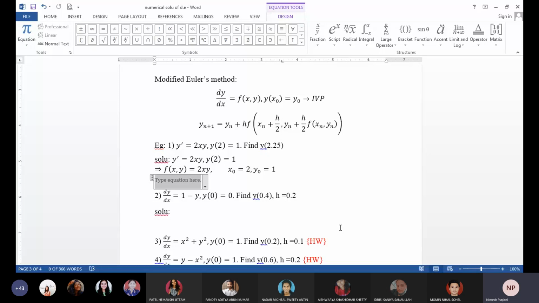This is what is your initial condition. और यहाँ पे क्या है? y of 2 equals to 1. तो इसके लिए x0 2 मिला and y0 1 मिला. I hope now it's okay about x0 and y0.